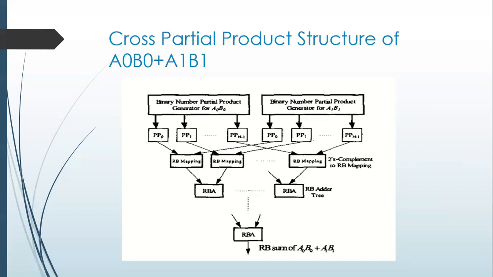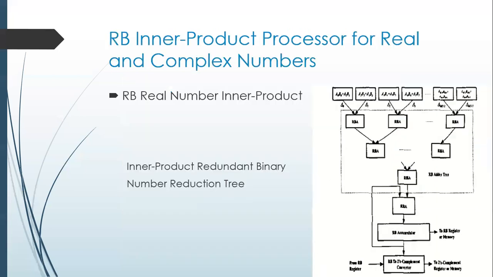They are mapped separately for A0B0 and A1B1, and then both are mapped again to one RB sum of A0B0 plus A1B1, that is RBA, which is mentioned at the bottom of the flow chart, summed to 50%. And this is the RB inner product processor for real and complex numbers. You can see A0B0 plus A1B1, A2, so we can multiply for so many numbers. This is for real and complex numbers.